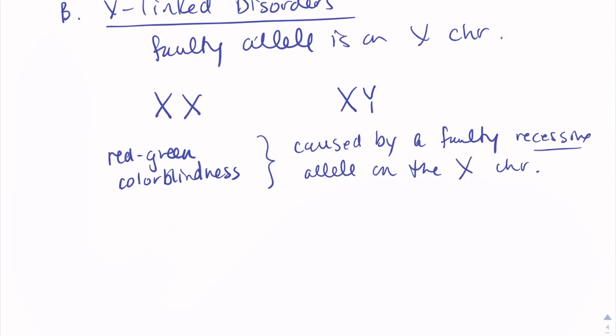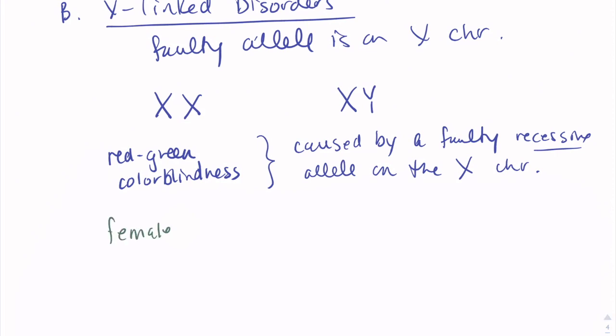This faulty allele is on the X chromosome, so we can't say this guy's heterozygous for this trait. Some people don't have 2 alleles. Only females will have 2 alleles for X-linked traits. Males have only 1 allele for X-linked traits. Let's write that down.